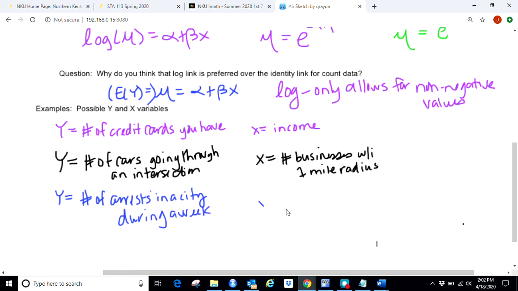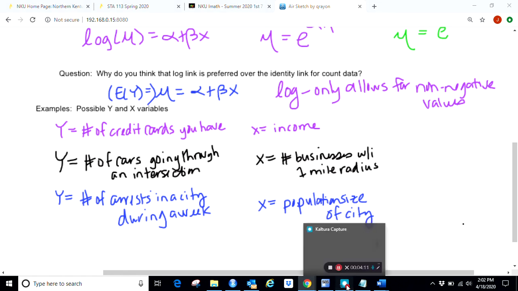Then a good explanatory variable there might be the population size of that city. Those are some examples of when we might use Poisson regression. In our next video, we'll go ahead and pick up with an example.